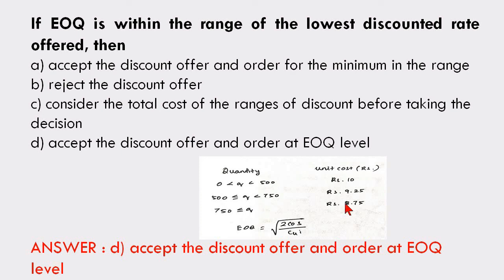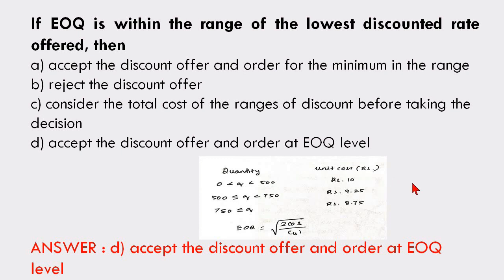So you directly accept the discount offer and order the EOQ level. Whatever EOQ level you get, you just order it. No need to calculate the total cost, it is not necessary. That is the condition for the price break. We will solve the problems regarding this in the upcoming videos.